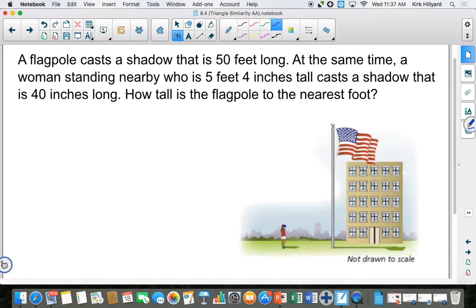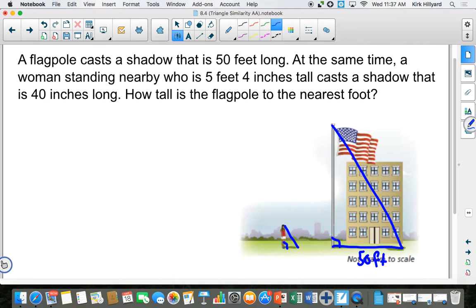We've created one triangle right here with that shadow, and we've created another triangle there. They both have right angles, so that's one angle that's congruent. It says a flagpole casts a shadow that is 50 feet long, so we know that this is 50 down here.